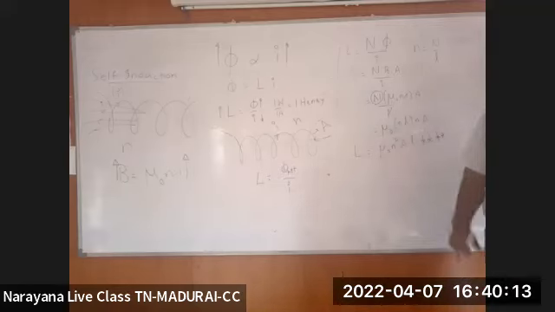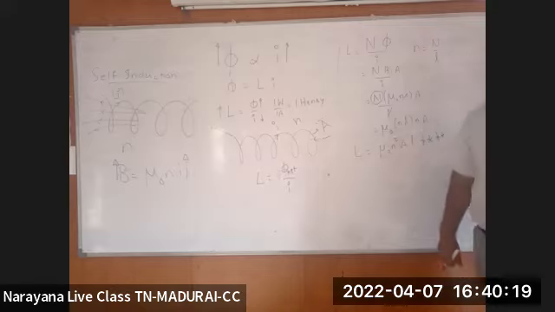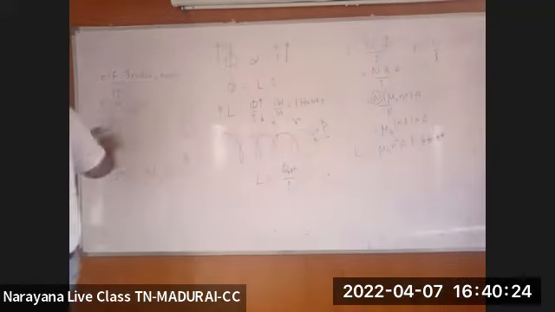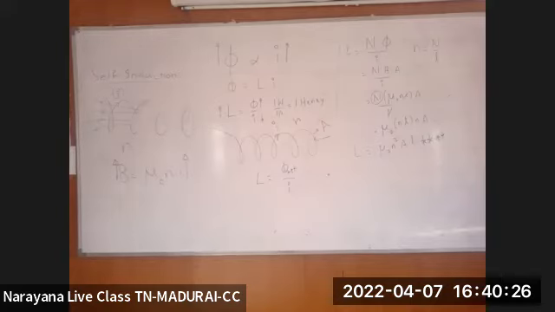Now one small task I will give based on this concept. Take your own time and try. Now instead of a long solenoid, shall I call a long solenoid a series combination of circular coils? Do you have any objection? Several circular coils, if you align them in a line, will constitute a solenoid only.